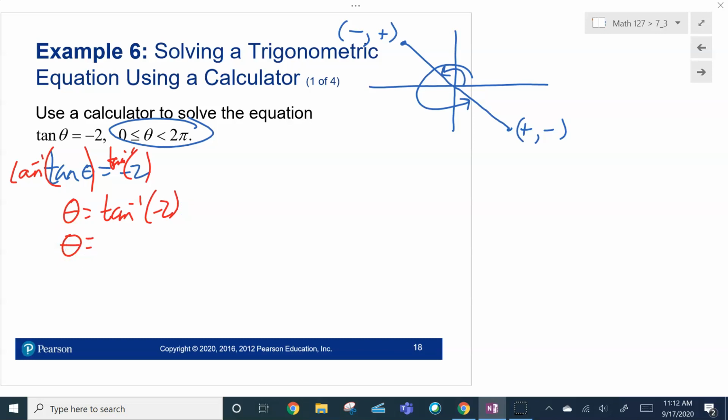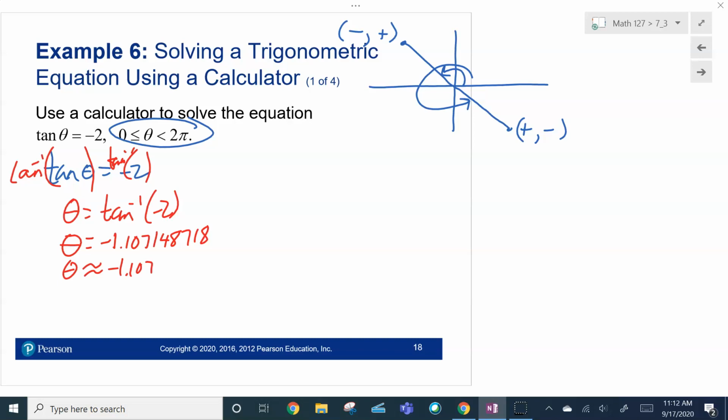Punch that in, and that gives -1.107148718, and this keeps going. So approximately -1.107.